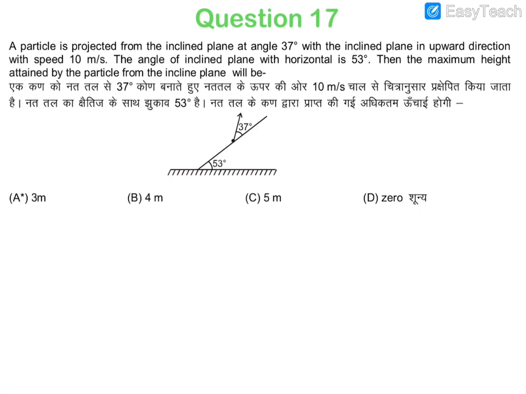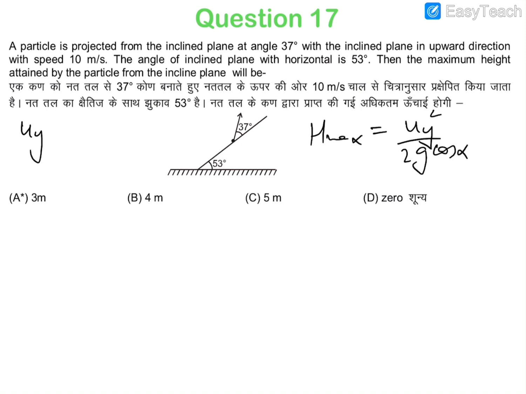In this question you can see that there is a particle which is projected from the inclined plane at an angle of 37 degree from the incline, in the upward direction, and the inclination of the inclined plane is 53 degree. The speed of projection is 10, and we have to find the maximum height attained by the projectile. So obviously h max is uy square by 2g cos alpha.